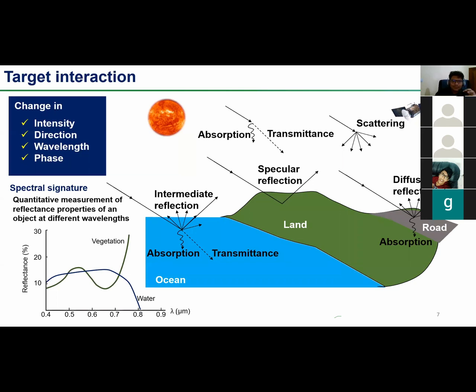Because of different signature patterns, the objects behave differently, and that's even what we see as color. Beyond color, we can think of different signature patterns like IR. I'm sure you are familiar with NDVI, the vegetation index, and soil moisture. All these are signature patterns that depend on the object.